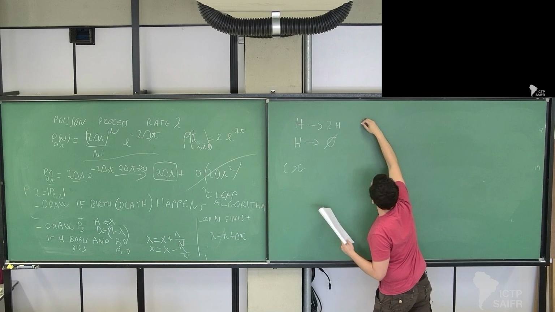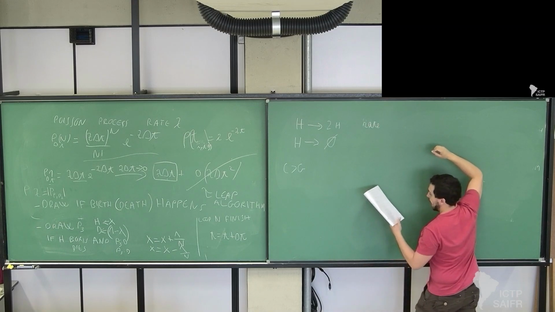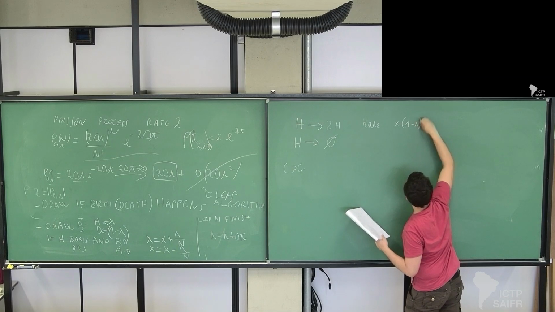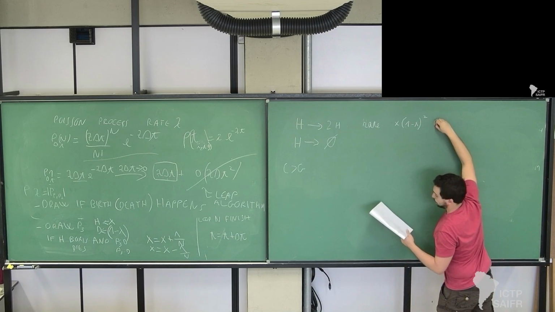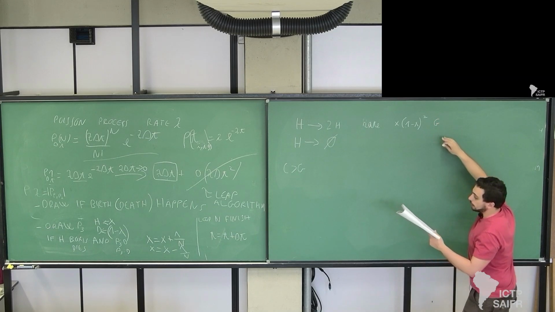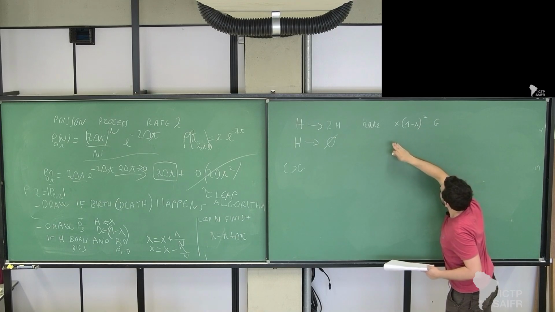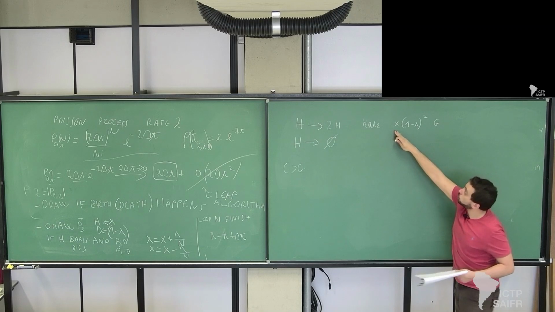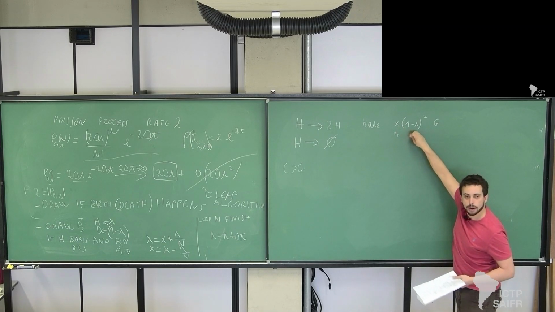The rate goes as x times y minus x squared times g, and this means that you drew a hawk as player 2, and then you drew a dove as player 1 and player 3.